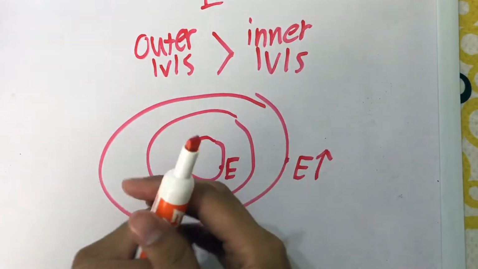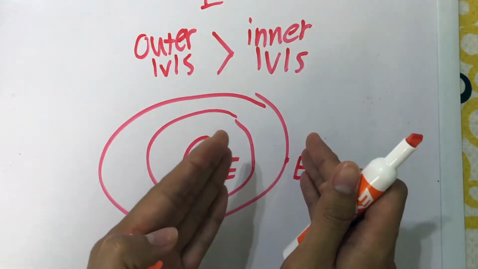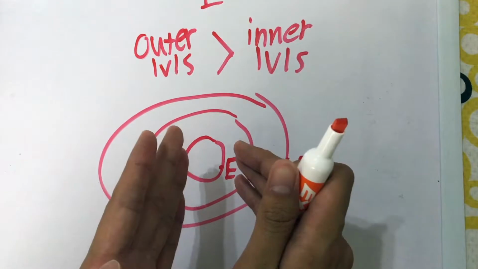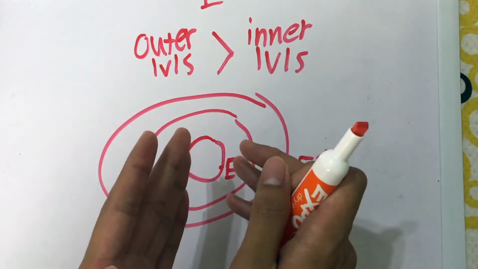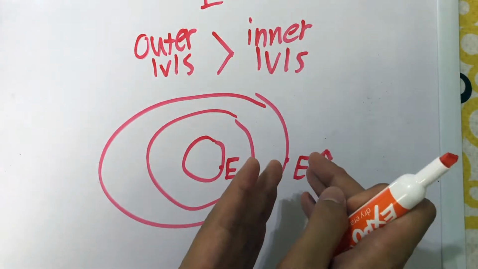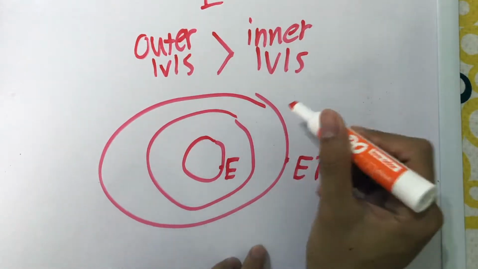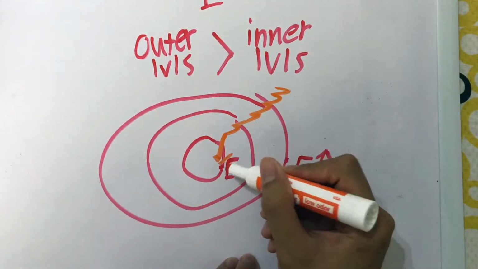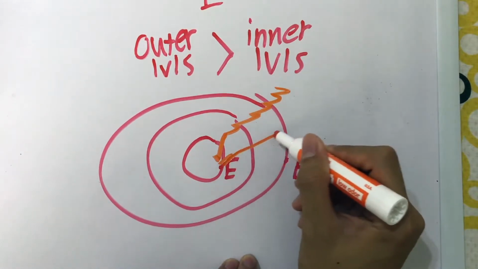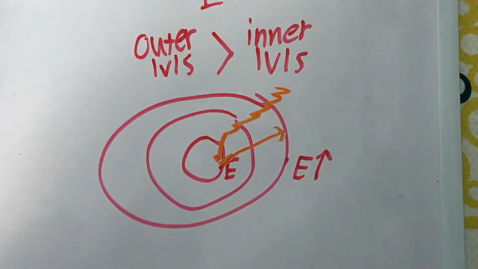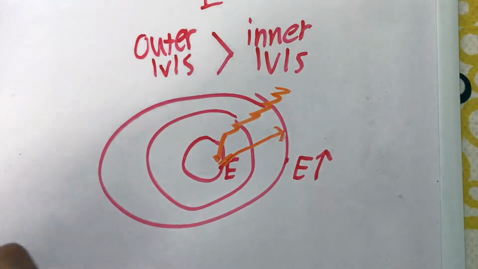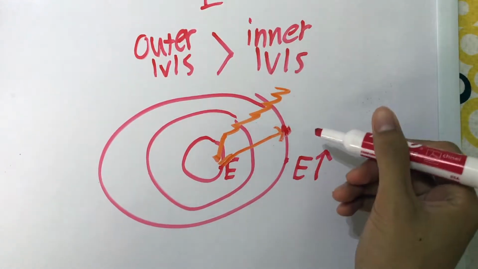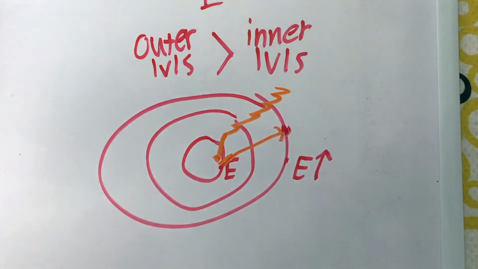And because the electrons at the outer level have more energy than the inner levels, the electron at the inner level has to absorb photons to get to the higher energy level. And so once it does absorb the photon, the electron right here can move up to the highest energy level, and this would just be E equals hf. We can determine the energy of a photon by using that equation.